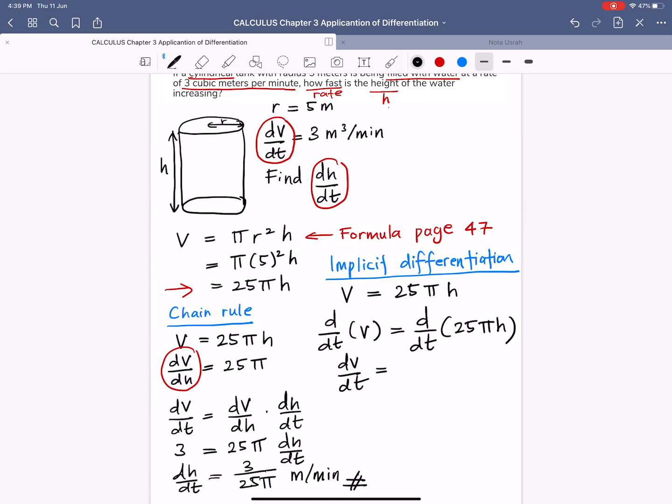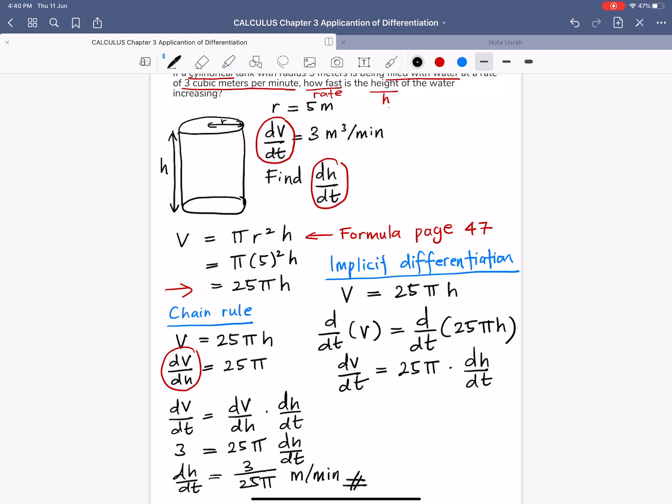For the right hand side, we have 25 pi, but because we differentiate with respect to t, 25 pi must be multiplied with dh dt.